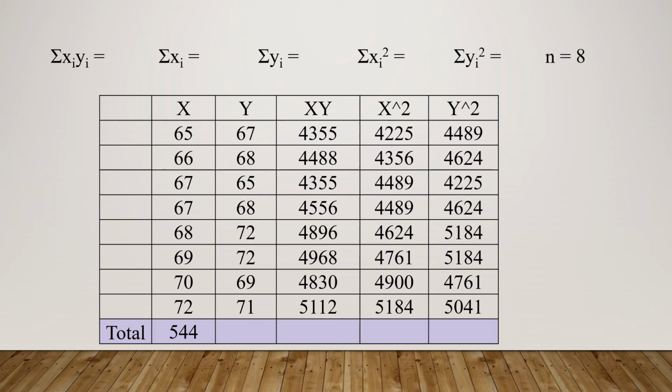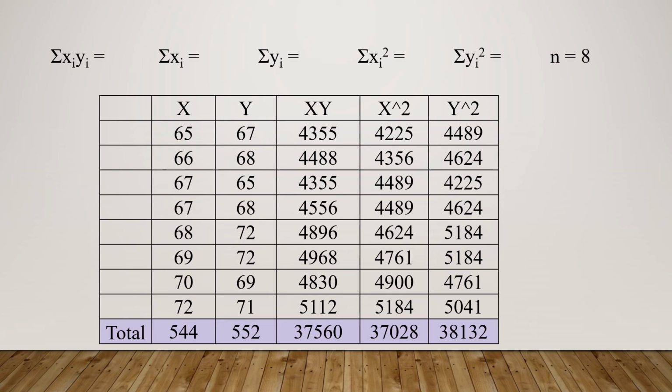So if we look at the total, the sum of 65 plus 66 plus 67 so on up to 72 is 544. Similarly, the sums for each column can be obtained. These calculations can easily be done using Excel as well, or any scientific calculator.